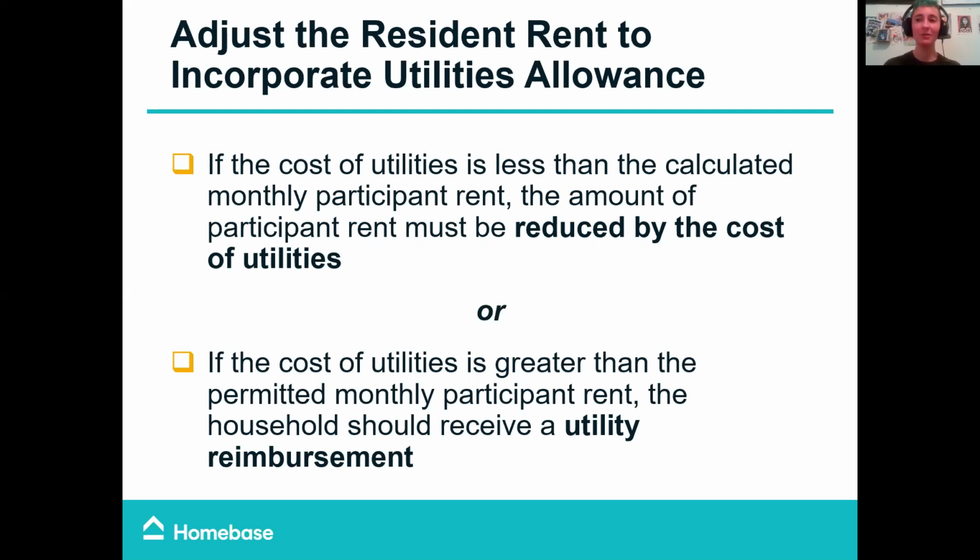So in that situation, if they have to pay $50 for the utilities, but their portion of rent is $20, they're going to pay that $20 of rent, and they're going to pay the $50 of utilities. You're going to give them a payment to make up that $50, right? You're going to cover the utilities for them so that they're only paying their $20 of rent.